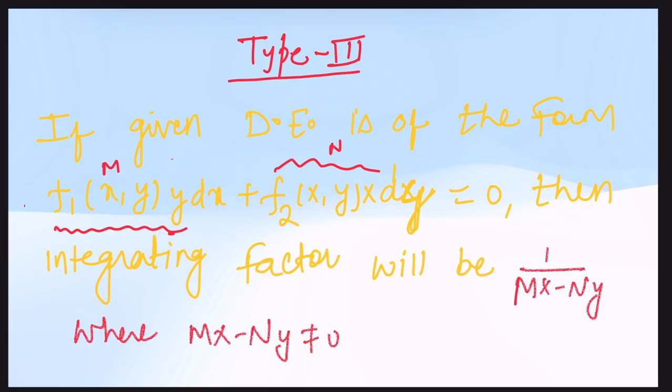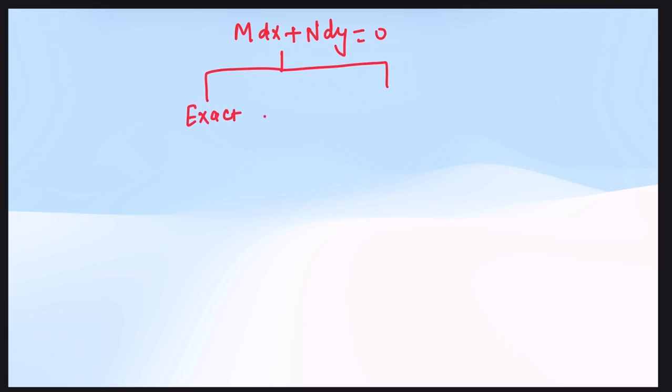First of all, I will also discuss what we are doing here. Let us suppose that we have this type of differential equation. First we check whether the given differential equation is exact or non-exact. We have already seen the condition for checking whether it is exact.